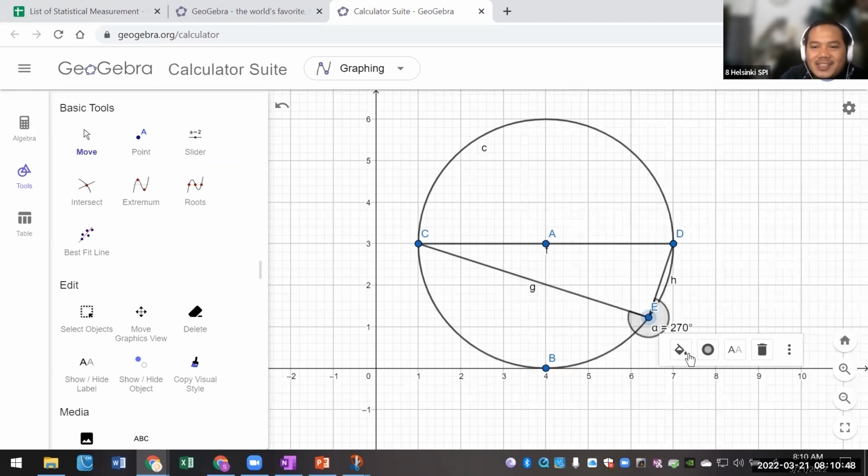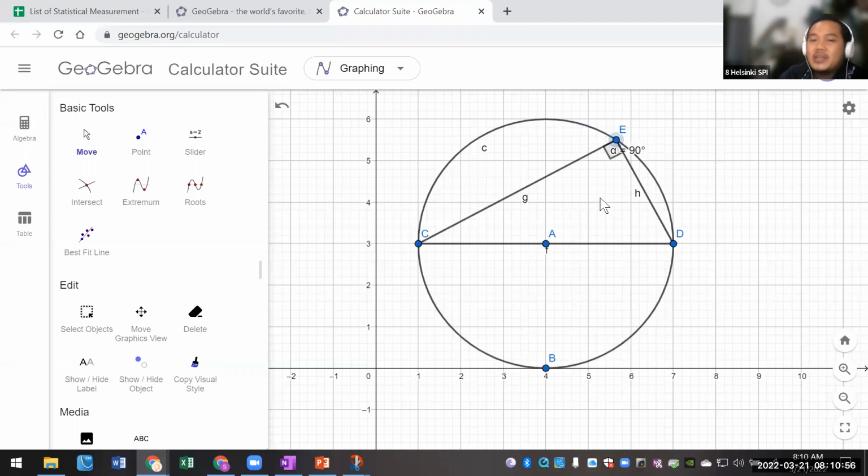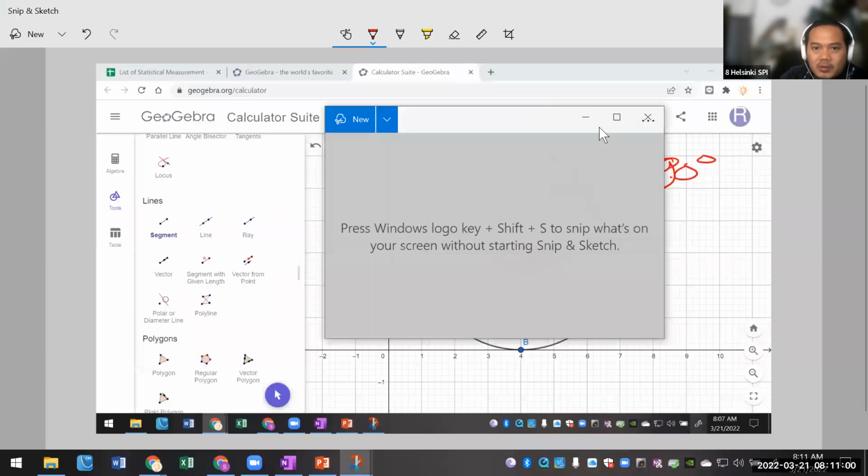So if this is a diameter, this is always going to be a 90-degree angle. Okay, so please write that down. The theorem. I'm going to write it down here.